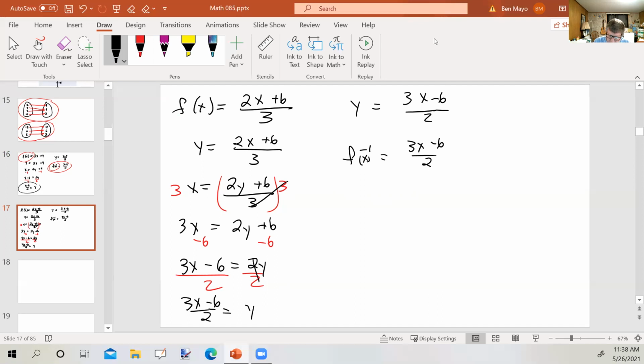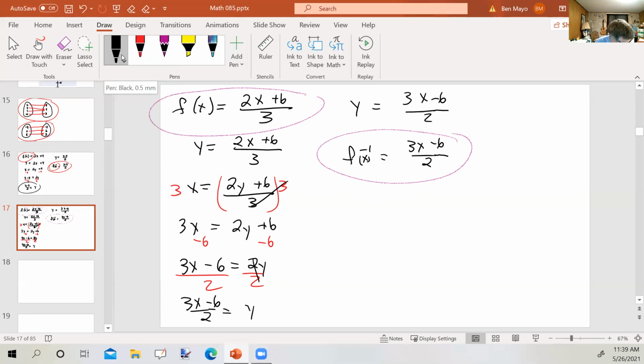Okay, so this is the original function. This is the inverse function. All right, let's clean that up a little bit. Let's take a look at some ordered pairs for both this function and its inverse.